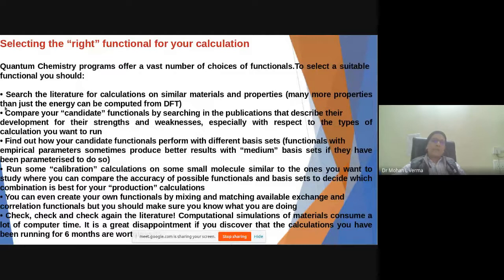Many more properties than just the energy can be computed from DFT. Compare your candidate functionals by searching the publications that describe their development for their strengths and weaknesses. So you have to study the weakness as well as the strength of the functional you are going to use. Find out how your candidate functional performs with different basis sets.